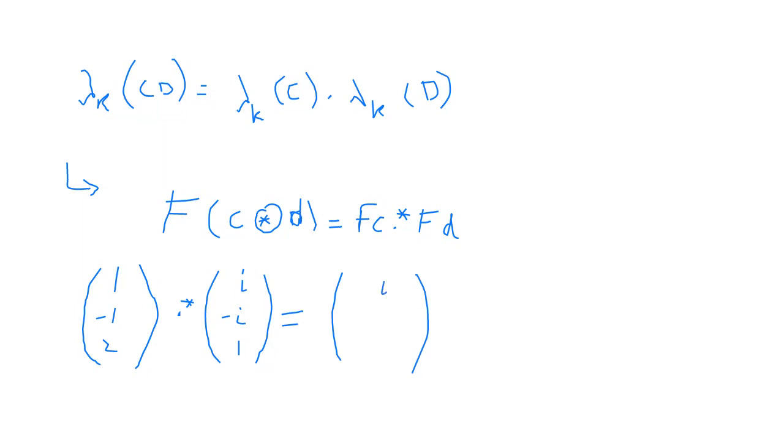So 1 times i is i, -1 times -i is i itself, and 2 times 1 is just 2.